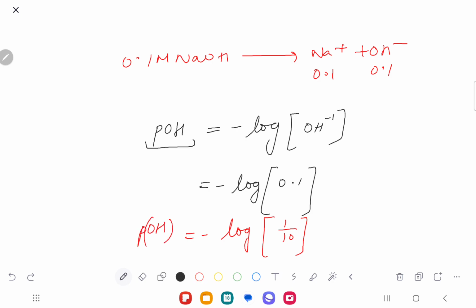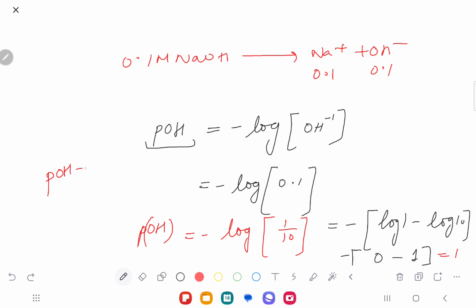That becomes minus, log 1 minus log 10. Log 1 is 0 and log 10 is 1, so it is going to be 1. So the pOH is 1. And we have another formula that pH plus pOH is equal to 14.